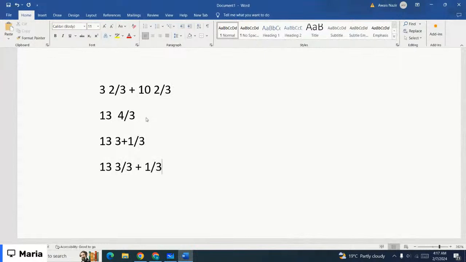You simply keep their denominators. Now 3 over 3 makes 1. So 13 plus 1 is 14, and that is 14 whole 1 over 3. Got it? The correct option is 14 whole 1 over 3.